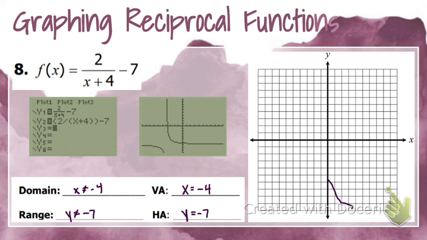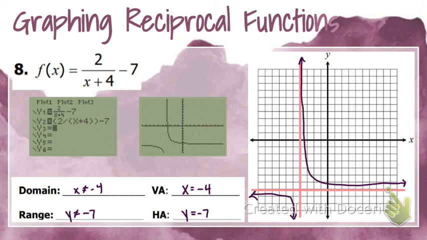So let's put these asymptotes on the graph. x equals -4 is over here. And y equals -7 is way down here. And then we're going to look at our calculator to tell us where our lines go. So the lines are going to go here and here. And again, they don't have to be perfect.